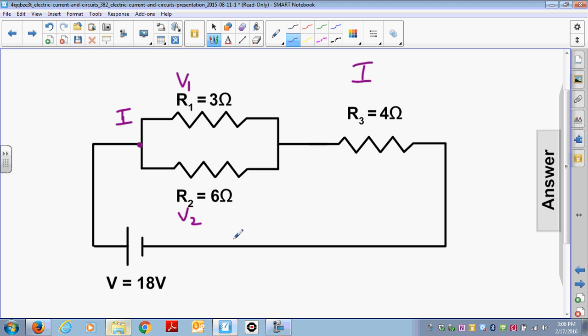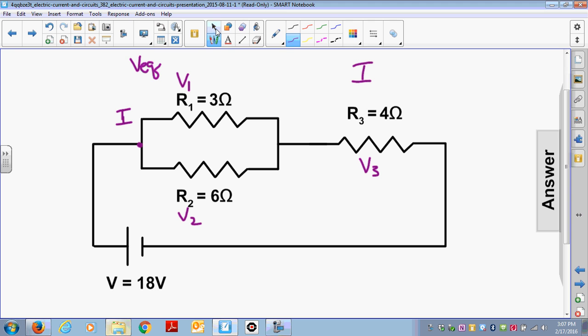It's not going to be 18 volts this time because I have a V3 over here. I take this current and the equivalent resistor, and I find the voltage drop V on the equivalent. So I find V equivalent. Then that V equivalent must be V1 and V2, and now I can solve for the current.